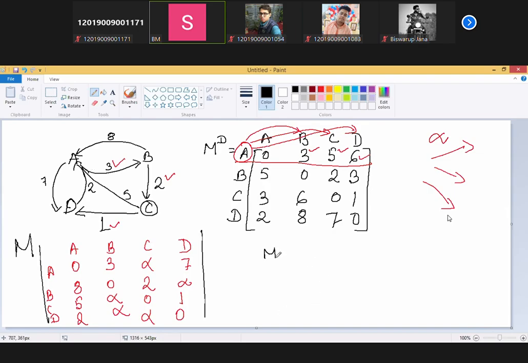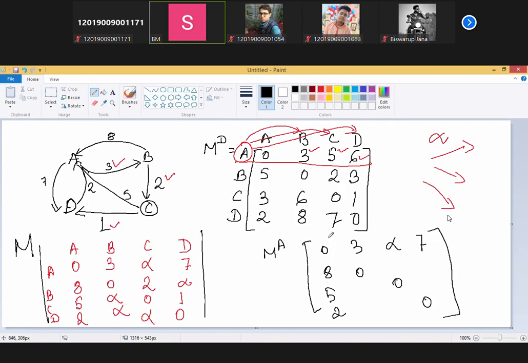So if I'm fixing A for this iteration, then I'm supposed to copy the complete row of A and complete column of A. And these diagonals have to be 0 because there is no self loop.